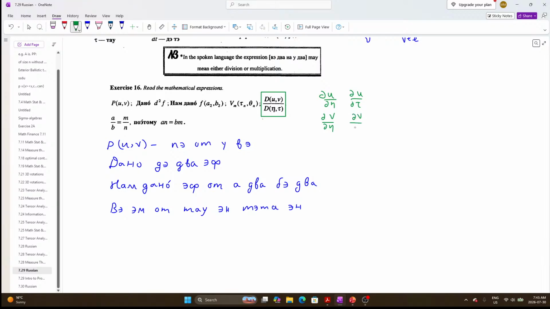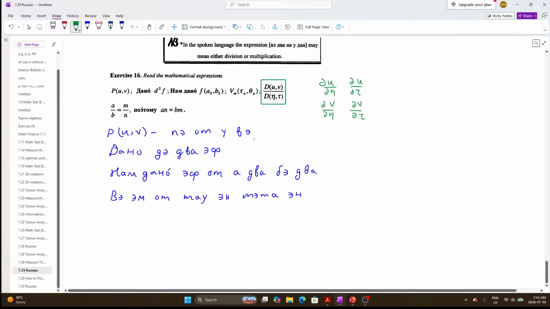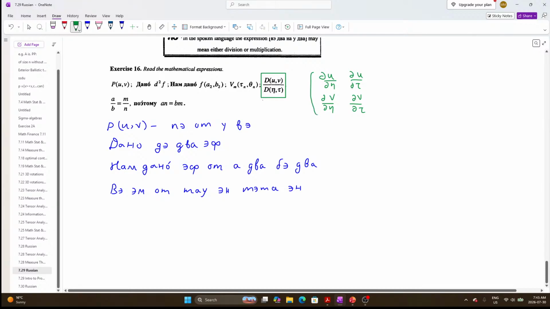I don't know if this is a determinant or the Jacobian matrix. It's also ambiguous. Anyway, perhaps in Russian literature there's standardized notation. In English, you always have to be mindful, although I think it's clear from the context, whether it's a determinant or a Jacobian matrix. I'm going to interpret this as the matrix, but anyway, doesn't matter.